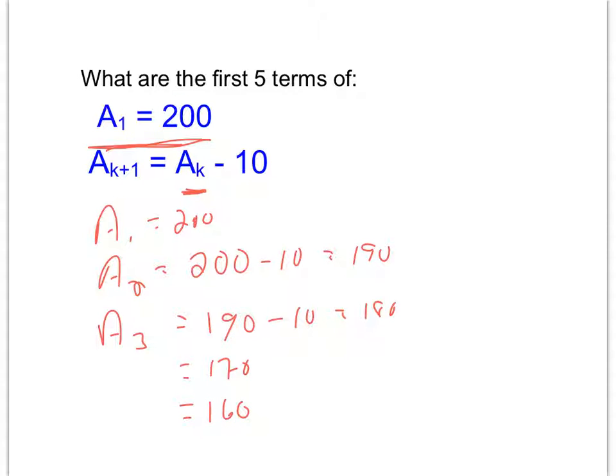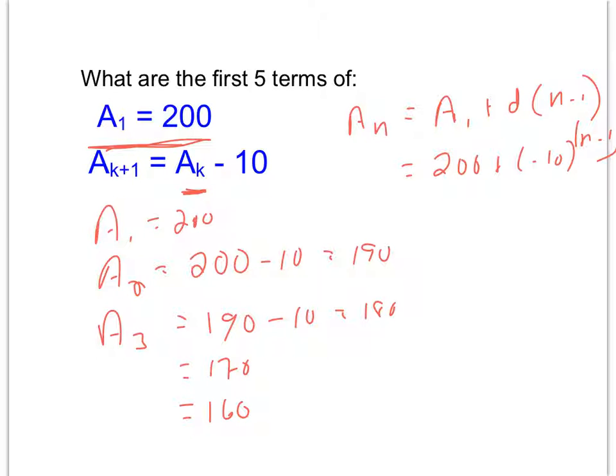If I wanted to write this rule, a sub n is equal to a sub 1 plus d times n minus 1. So our a sub 1 was 200. Our d was negative 10 times n minus 1. Running out of room here, that's parentheses.